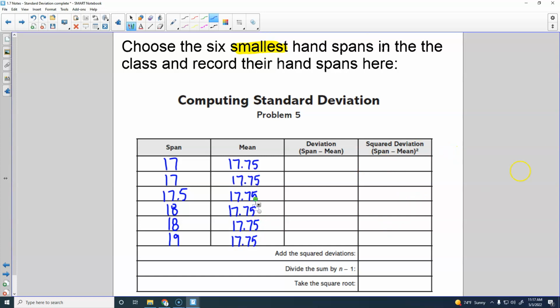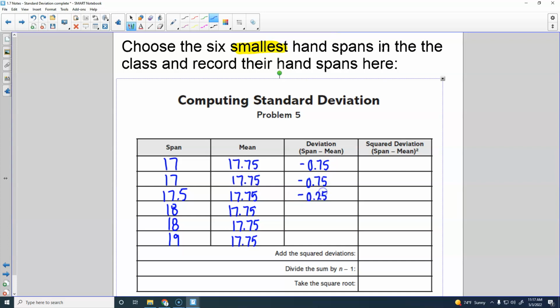Okay? All right, so we need to now calculate the deviation for each data point. Deviation is the number minus the mean. So for this first line, I do 17 minus 17.75. That's going to be negative 0.75, and I'll get that twice, actually. I'll get negative 0.25.